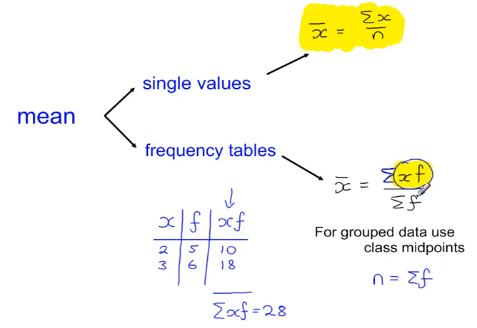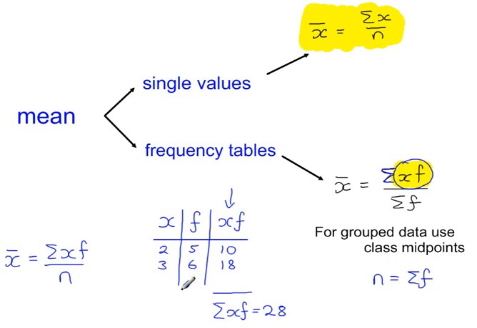So you may see this formula written like this, over n. It's exactly the same formula. The sigma f is the number of data values n.